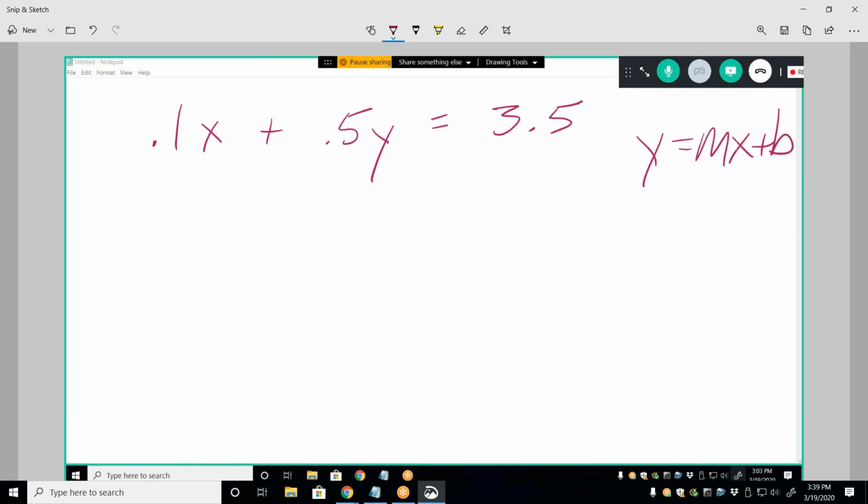Now, before I do that, is there anything I can multiply this equation on the left and the right by to get rid of these decimal points? You can do the 0.5y. What if I multiplied the entire left side by the number 10? Means I have to do the entire right side by the number 10. And what do I have on the left?